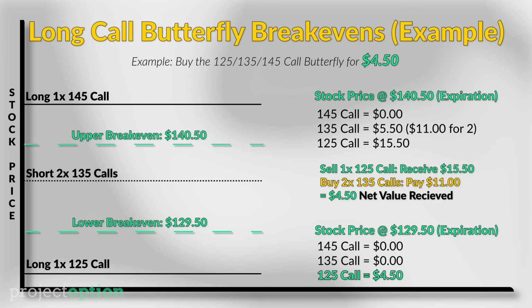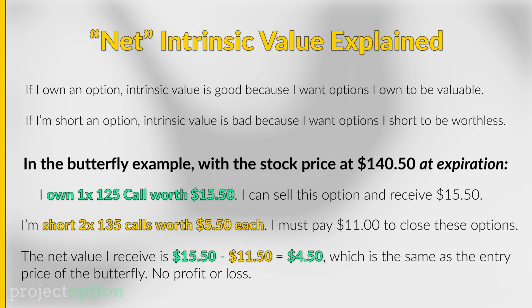But the 135 call options that I am short, and remember I'm short two of these 135 calls, those options have $5.50 of intrinsic value. And if I multiply that by the two contracts that I'm short, I essentially am short $11 of intrinsic value. So my net intrinsic value in this scenario, with the stock price at $140.50 at the time of expiration, is actually $4.50. So the net intrinsic value in this situation is $4.50.